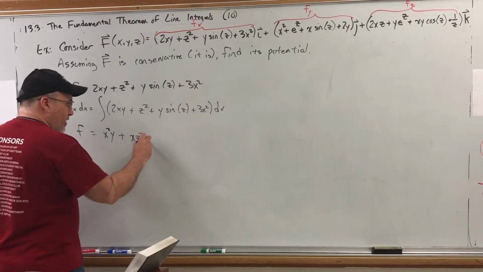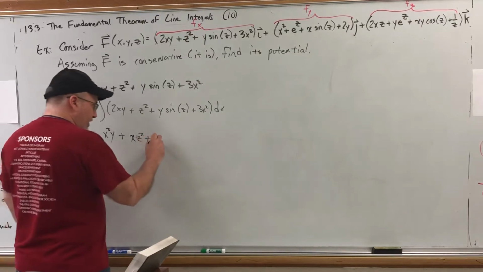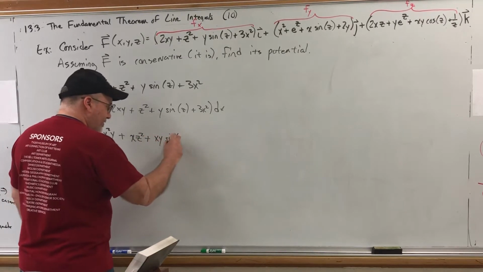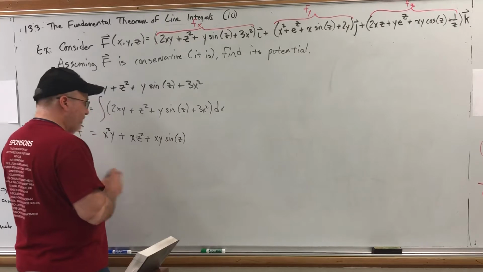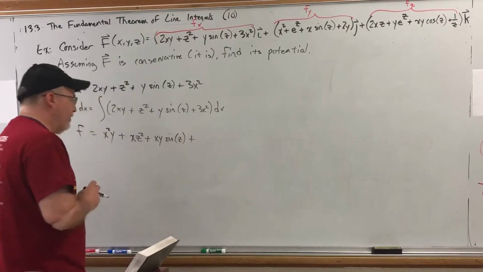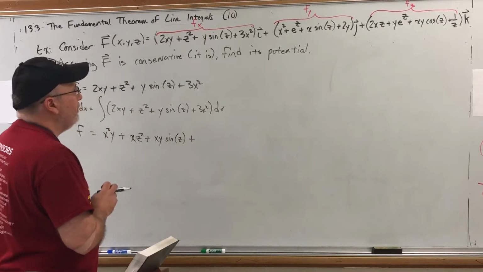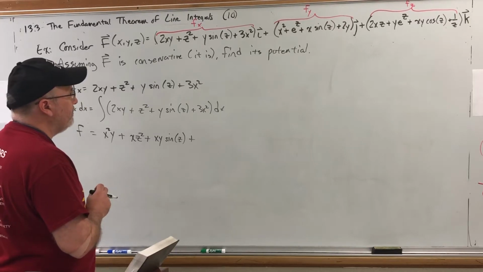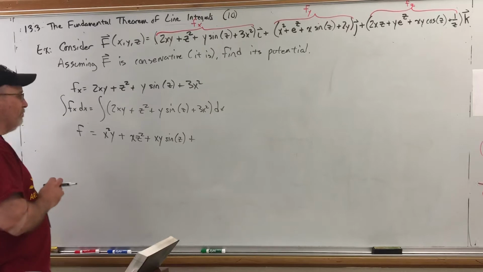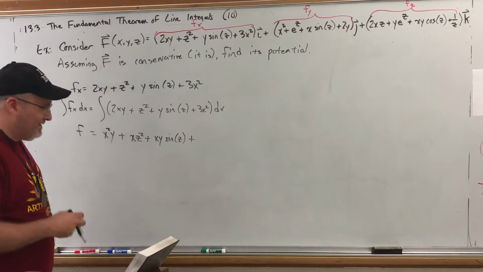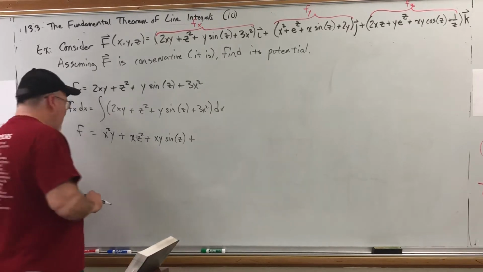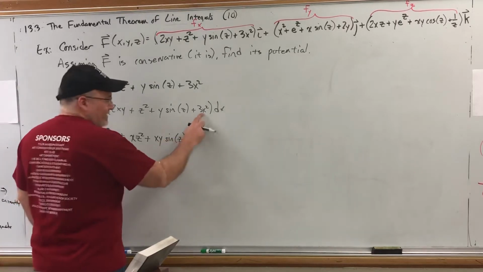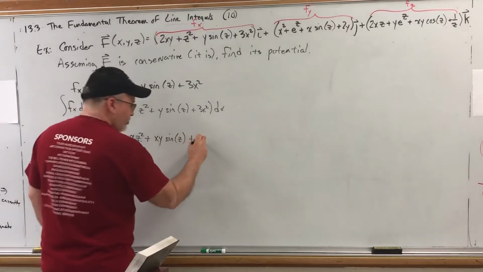So xz squared plus xy sine z. Something's not right here. Actually, it is correct. Never mind. In my mind, I was going through how I set this up, so forget what I just said. We're integrating with respect to x, and the integral of 3x squared is x cubed.